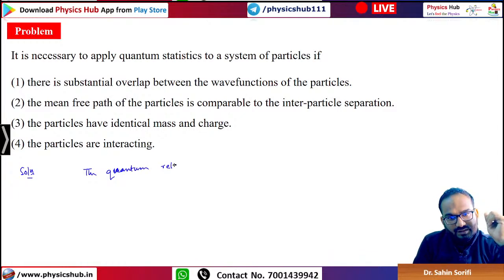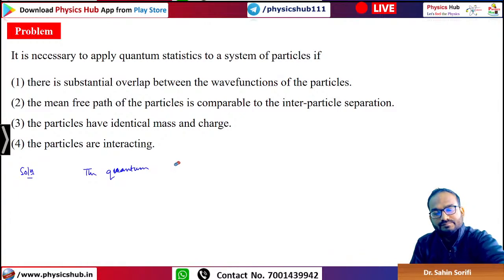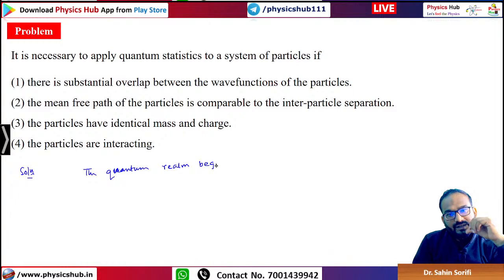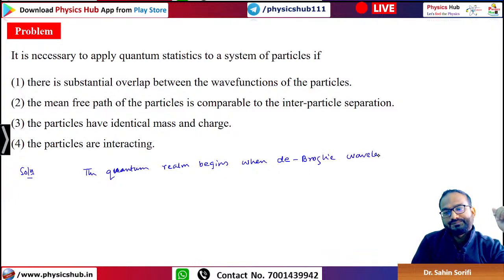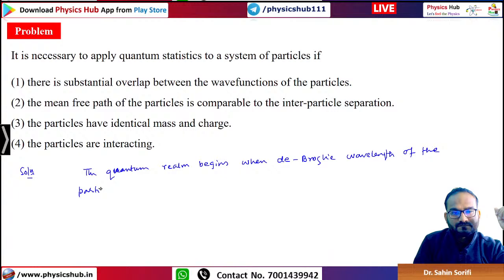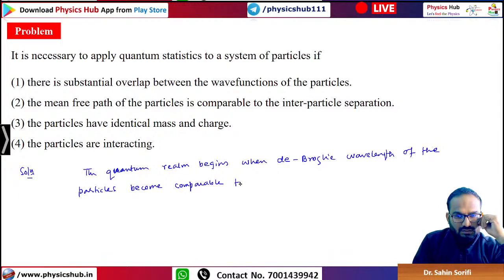The quantum realm begins when the de Broglie wavelength, corresponding to the thermal wavelength lambda t of the particles, becomes comparable to what? Comparable to the size of the particle.